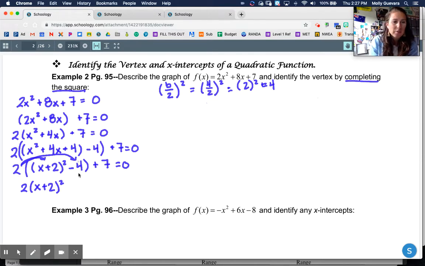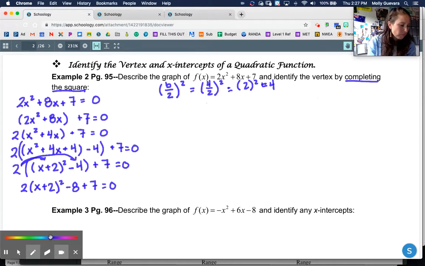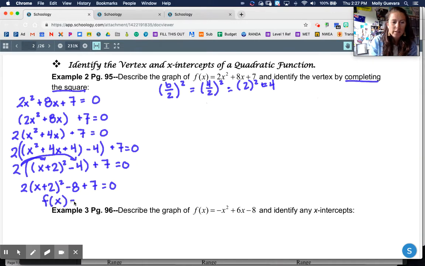But then 2 times negative 4 is negative 8. And then that plus 7 is still just hanging out. You just rode the wave all the way down, right? And so then the last thing is that I can combine those two terms. So my function in vertex form is 2 times x plus 2 squared minus 1.